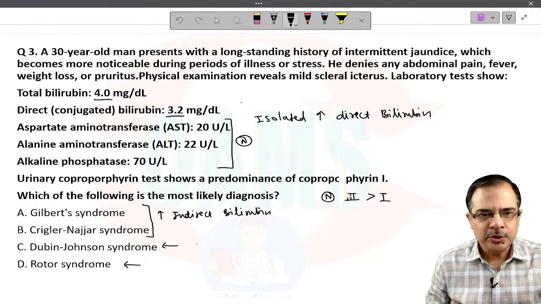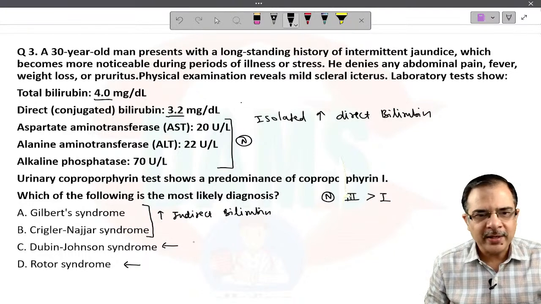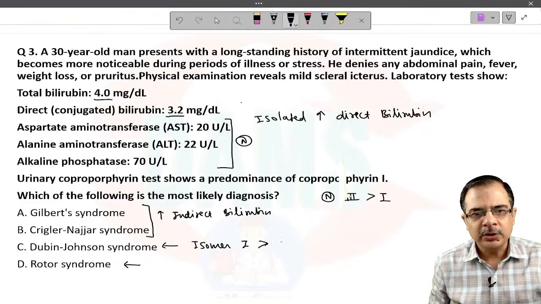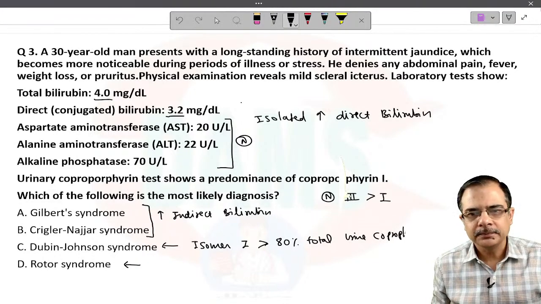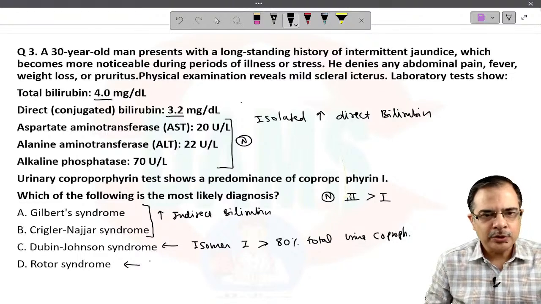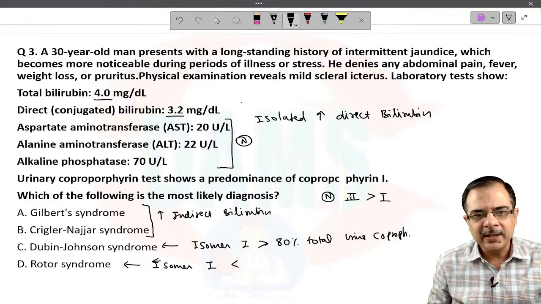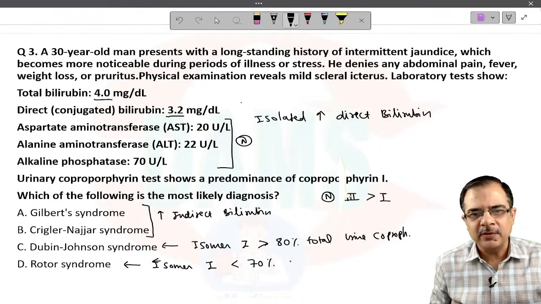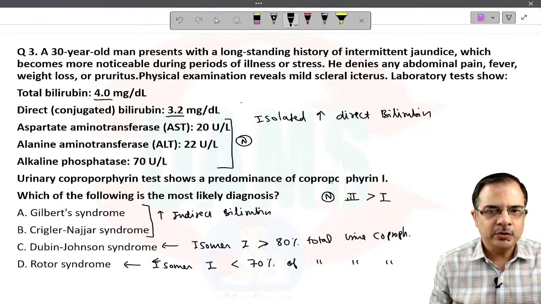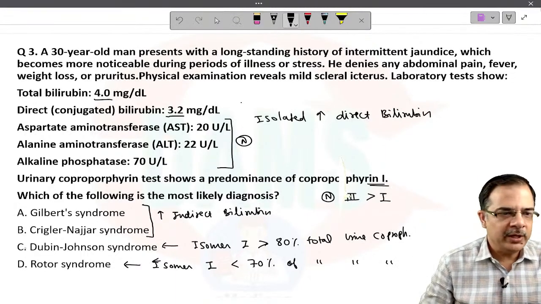But in Dubin-Johnson syndrome, coproporphyrin isomer 1 will be more than 80% of total urine coproporphyrin, while in Rotor syndrome, isomer 1 will be less than 70% of total urine coproporphyrin. So the prominence of coproporphyrin 1 will go in favor of Dubin-Johnson syndrome.